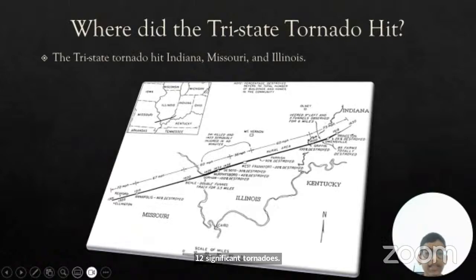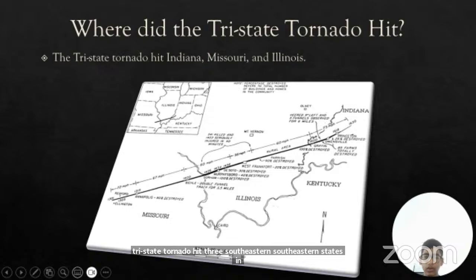The Tri-State tornado hit three states in the US: Indiana, Missouri, and Illinois.